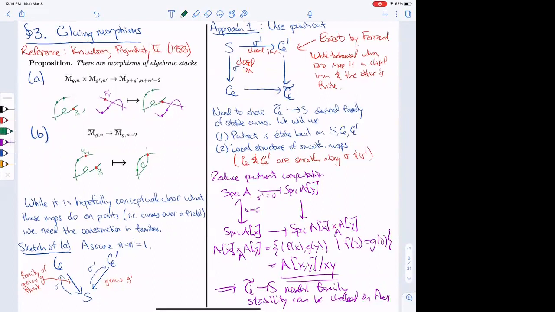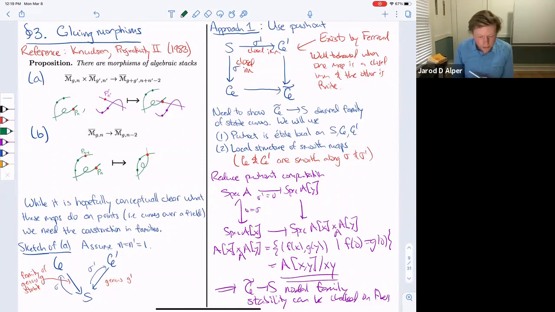Should the genus increase as well for the map in B? Oh, yes. Yeah, good point. Thank you.